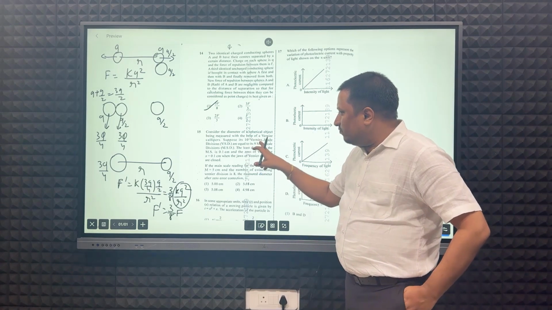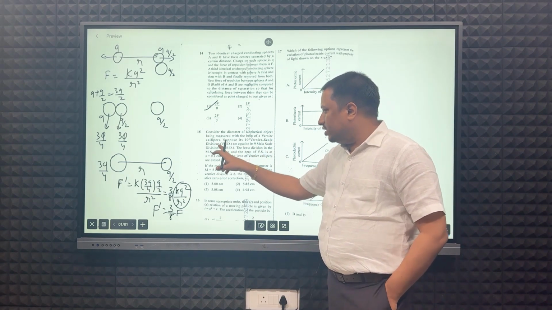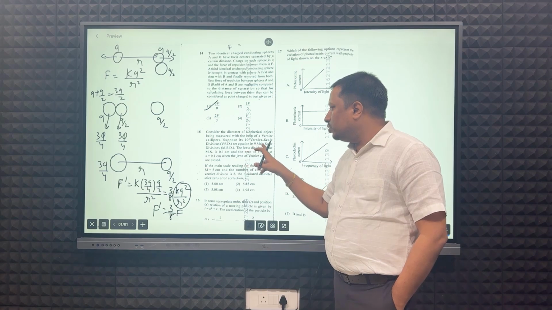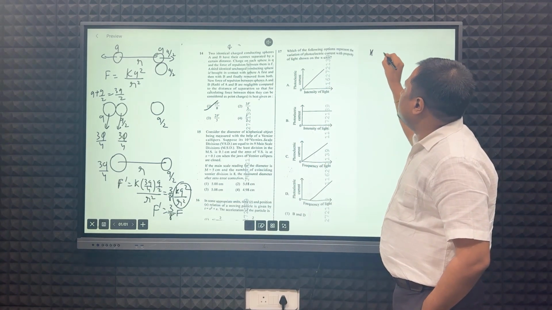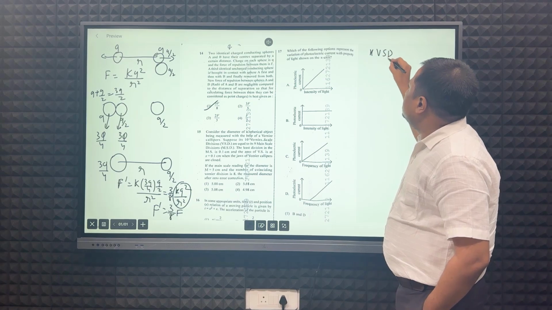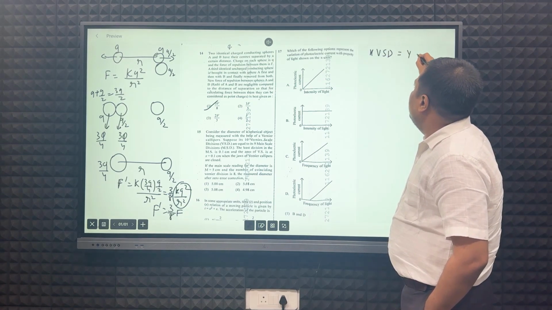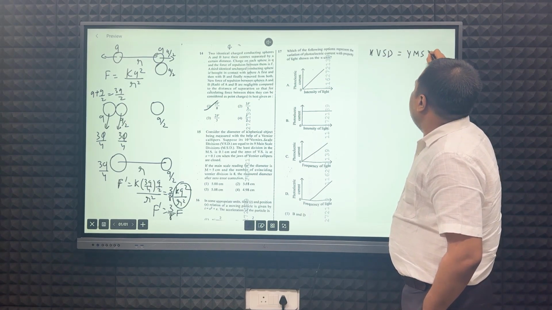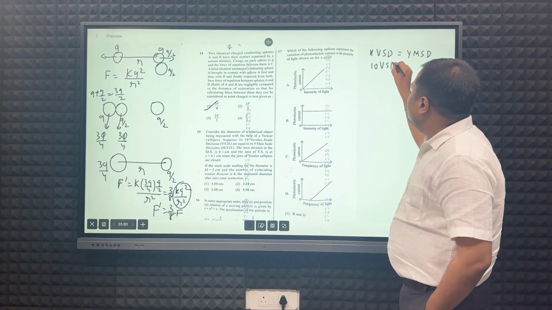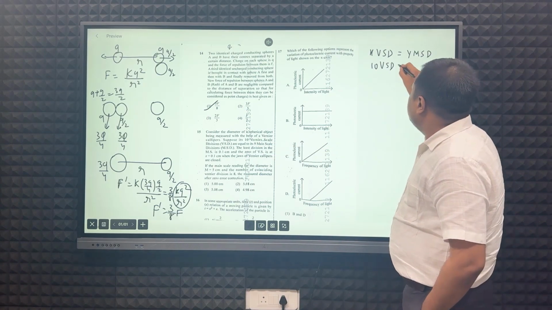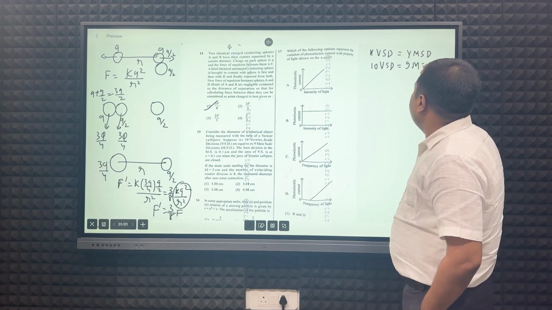Suppose 10 vernier scale divisions are equal to 9 main scale divisions. You might have studied that X VSD, vernier scale divisions, will be equal to Y MSD, main scale divisions. Here, 10 VSD is equal to 9 MSD.